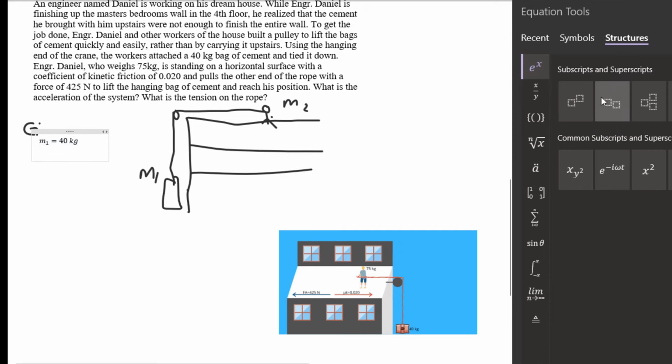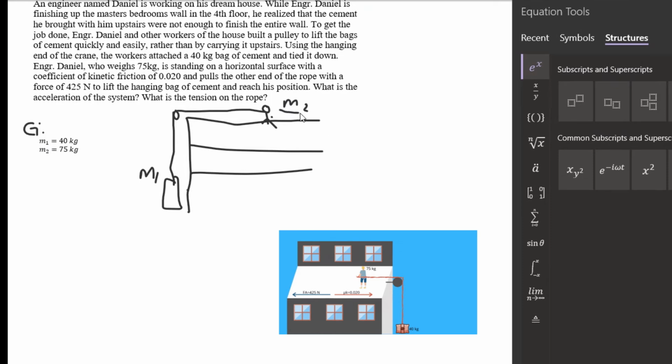Then the next one is Daniel, the mass sub two, wherein he weighs 75 kilograms.